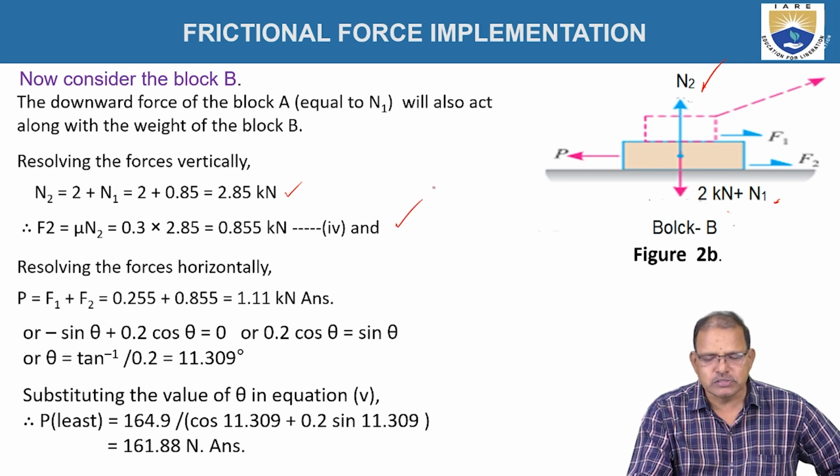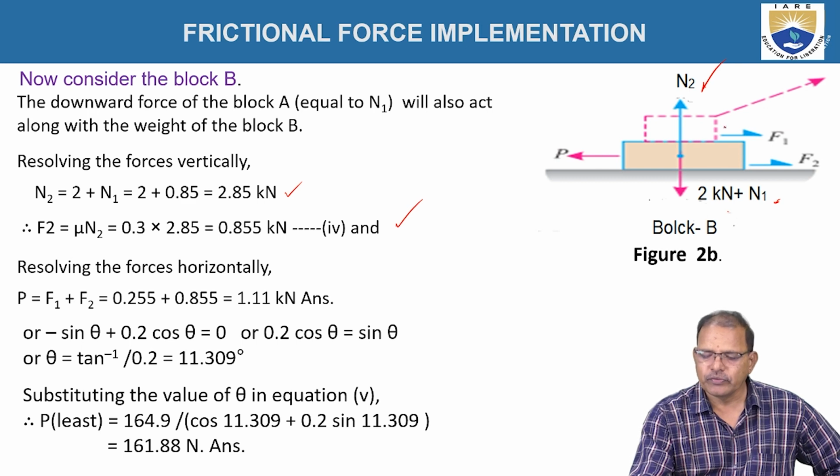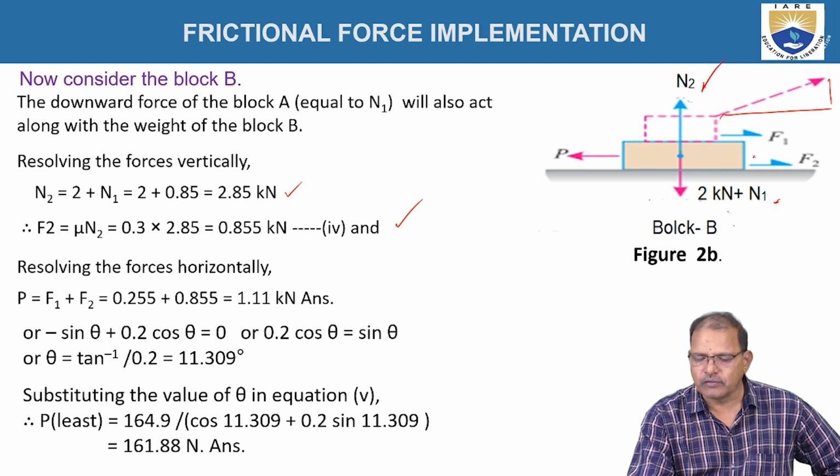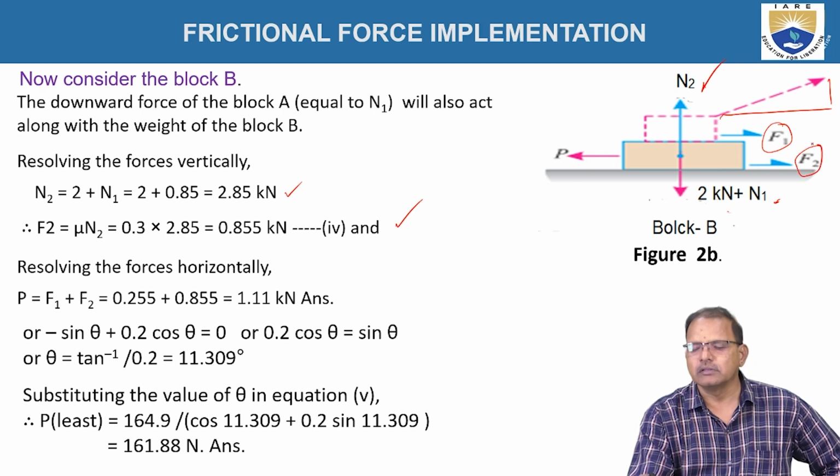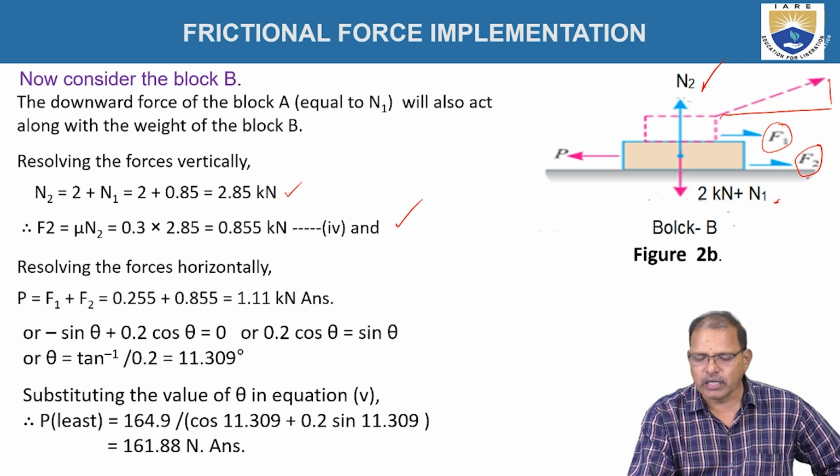When resolving the forces horizontally on block B, the friction force F1 is acting toward the left side. F2 is also acting as shown in figure. That is, both are acting in the same direction.